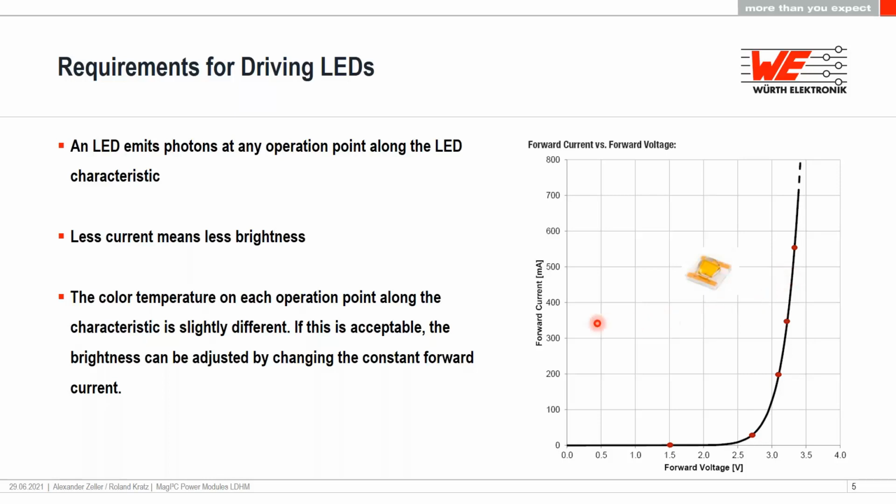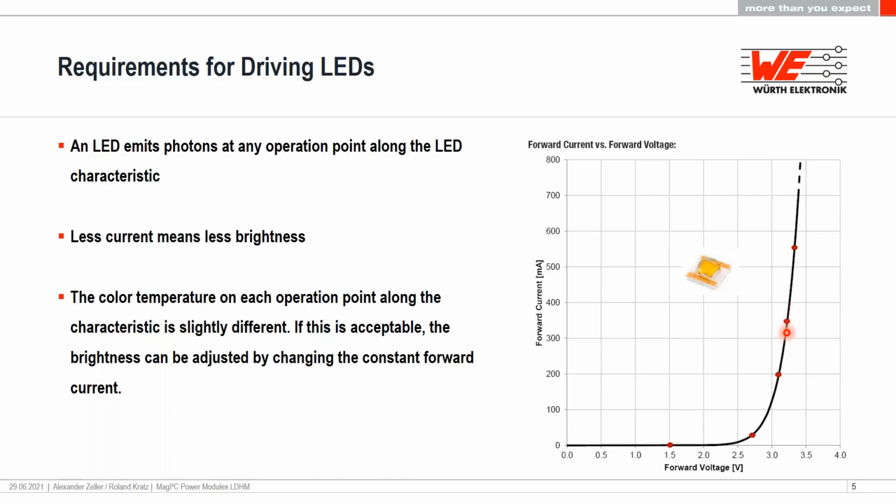For example, if you use a 350 milliamps LED and you choose 350 milliamps, then you have to live with the chromaticity coordinates, this means with the color temperature, at this point. If you have a customer who, for example, wants a specific wavelength, specific chromaticity coordinates, then check the data sheets where these chromaticity coordinates are located.